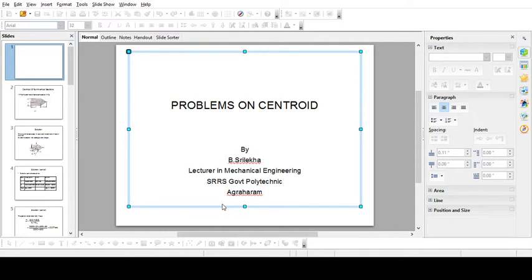Its centroid value is simply x equal to L by 2 and y equal to B by 2. L by 2 is 200 by 2, which is 100. Now B by 2 means 20 by 2, which is simply 10.